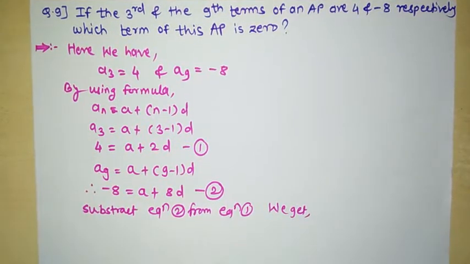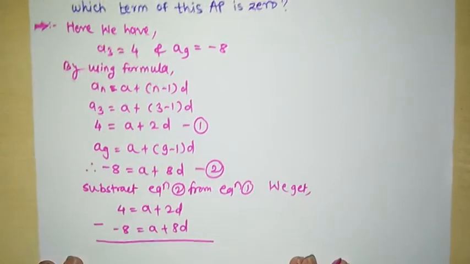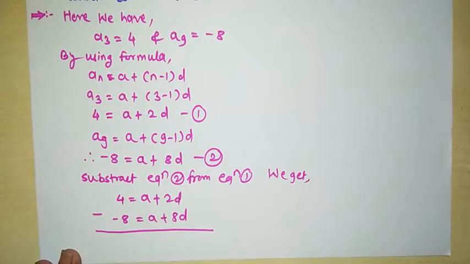We get 4 is equal to a plus 2d, minus 8 is equal to a plus 8d. While subtracting, we have to change the signs of the below terms. Here minus 8 is there, therefore it will become plus. Here plus a is there, it will become minus. Here plus 8d is there, it will become minus.